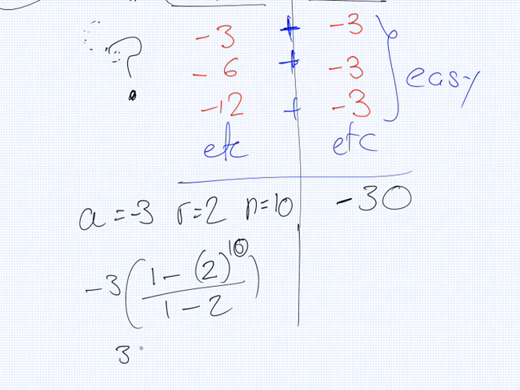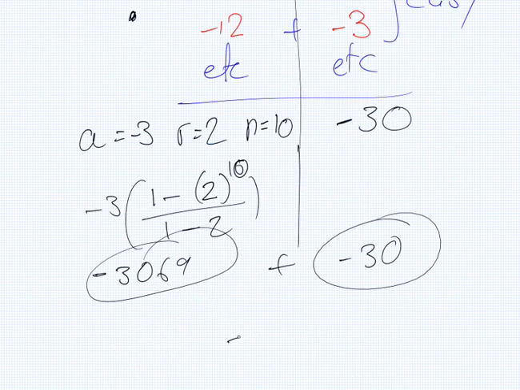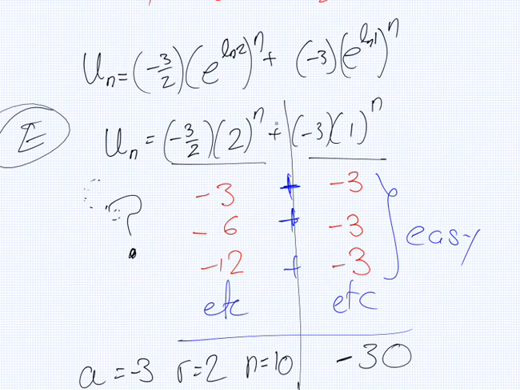Un equals C1 e power log 2n plus, guys, come on, listen, plus C2 e power log 1n.